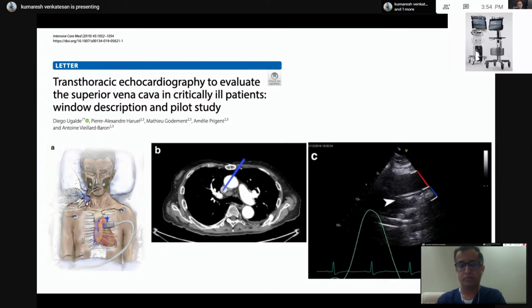If you're good at cardiac transthoracic echocardiography, you'll be able to visualize the superior vena cava by keeping the probe anywhere between the second to fourth intercostal space to the left of the sternum, and by angulating the probe slightly towards the right, you will start to see the ascending aorta, and behind the ascending aorta you see the superior vena cava, and there you may see your central venous catheter lying.